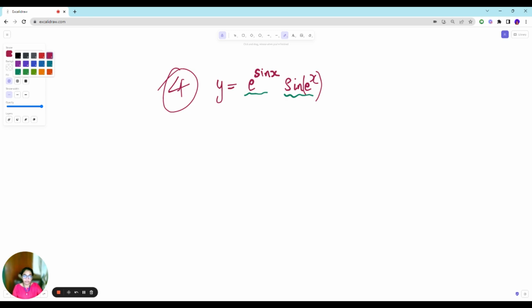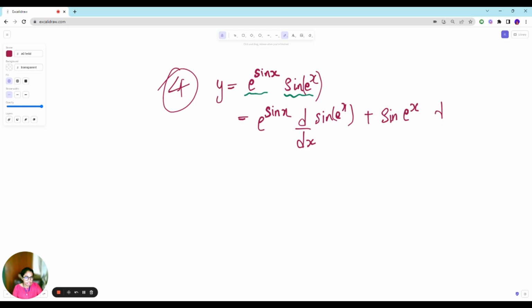I'll apply the product rule. What does the product rule say? It says e power sine x into d by dx of sine e power x, plus sine e power x into d by dx of e power sine x.